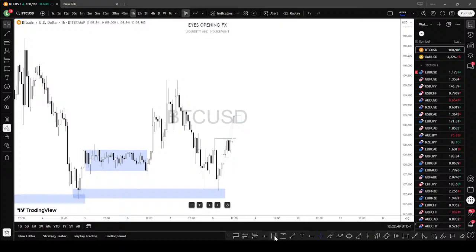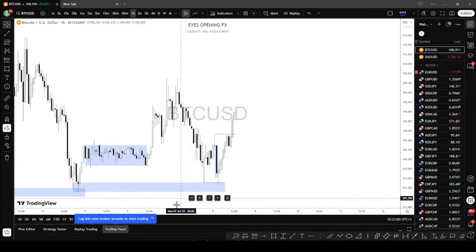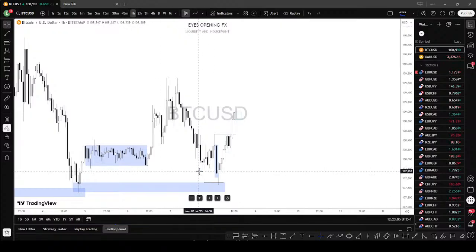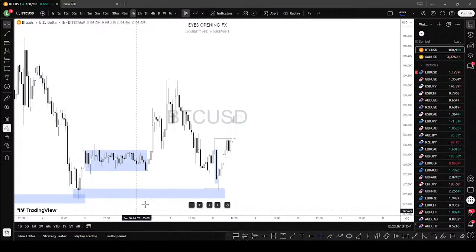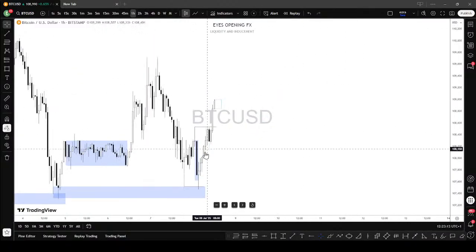And the first thing you always note is manipulation, right? We have a sharp movement to the downside right here, which is kind of like a manipulation move to absorb liquidity just right below this low. Since market has already manipulated below this low, the next thing we expect of price is expansion and momentum to go from the sell side to the buy side, and we can see it right here.